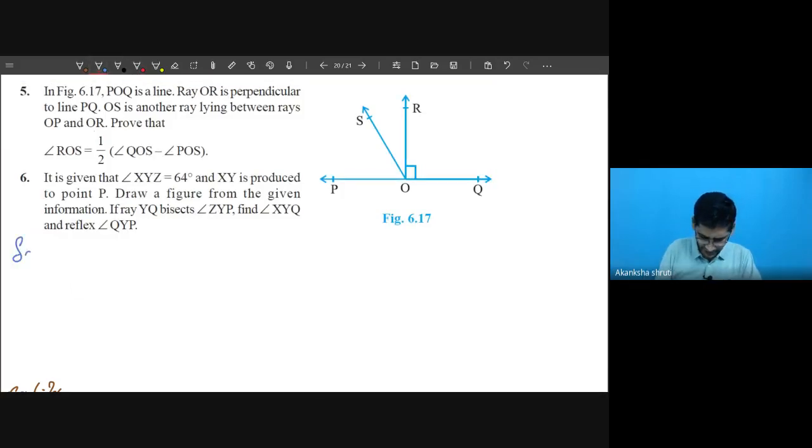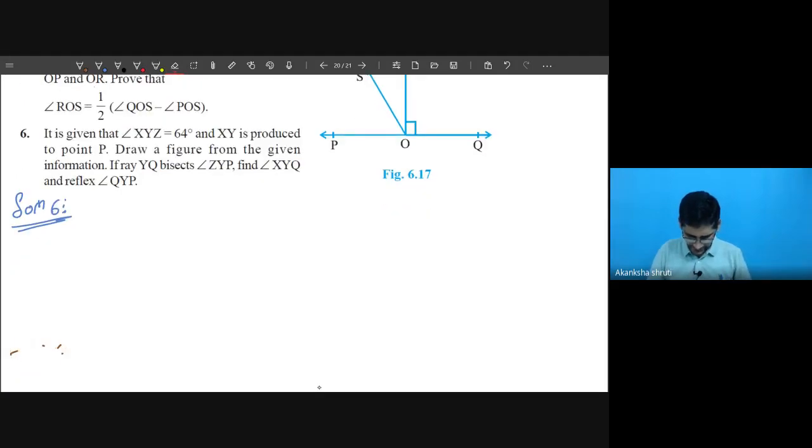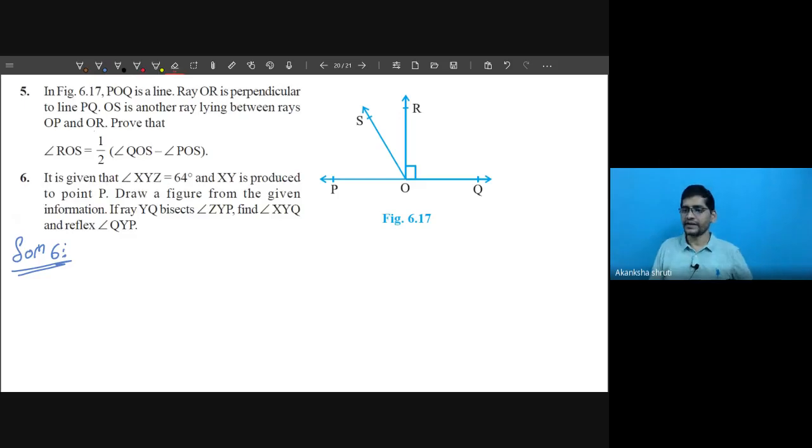So it is for the solution of question number 6. First you draw the figure. Students, the figure is very important in geometry. Wherever any condition is given or something is dictated in the question, you need to draw the figure.